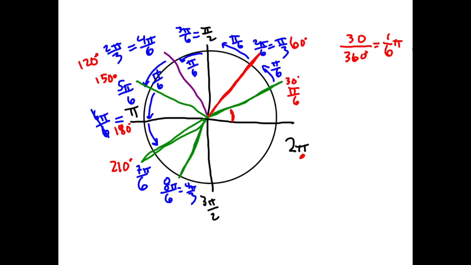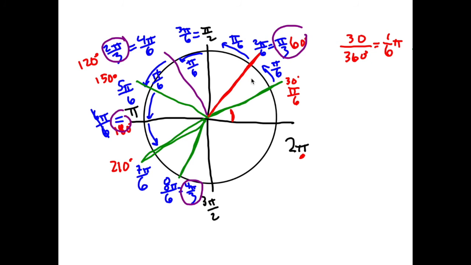Because look at that, this is 1 pi over 3. This will be 2 pi over 3. And then we have 3 pi over 3, which would be right here. And now we'll have 4 pi over 3 right here.